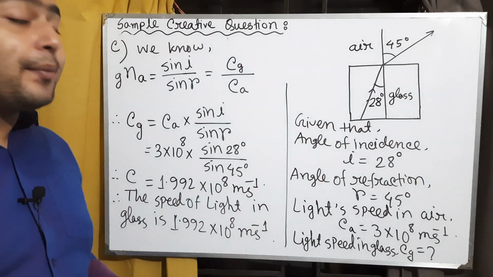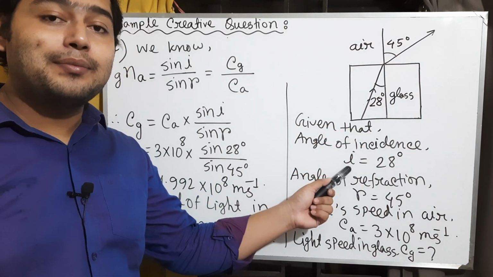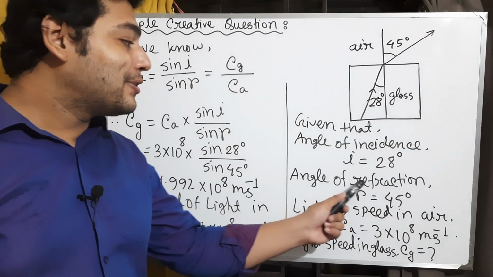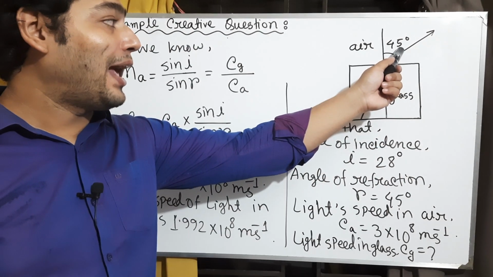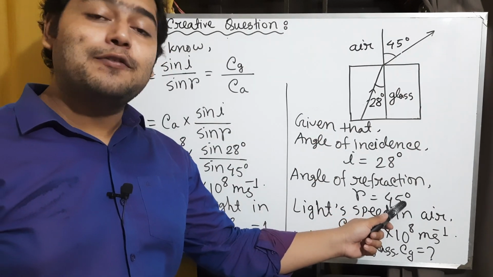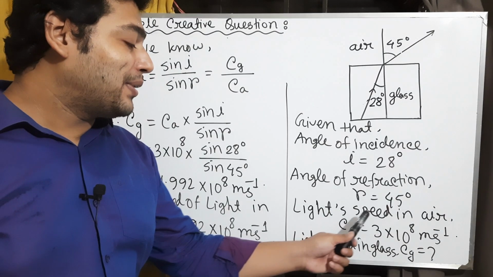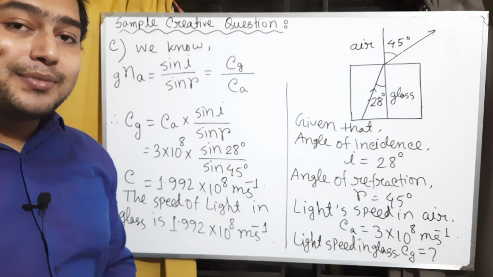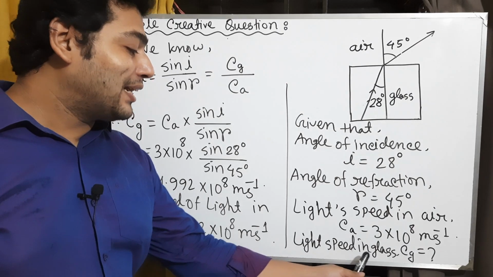From the stem, we are given that the angle of incidence, denoted by I, equals 28 degrees. The angle of refraction, denoted by small r, is 45 degrees. And we know that the light's speed in air, Ca, equals 3 times 10 to the power 8 meter per second. We need to determine the speed of light in glass, Cg.